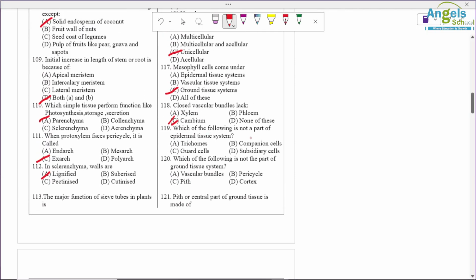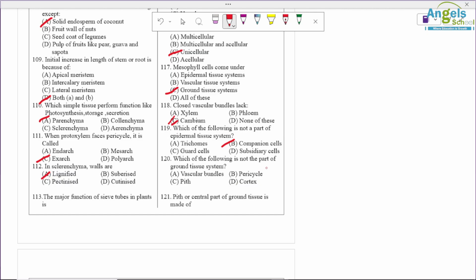Which of the following is not part of epidermal tissue system? So trichome is present on a stem. Guard cells are also present in a leaf, and subsidiary cells are also present, but companion cells are not part of epidermal tissue system.